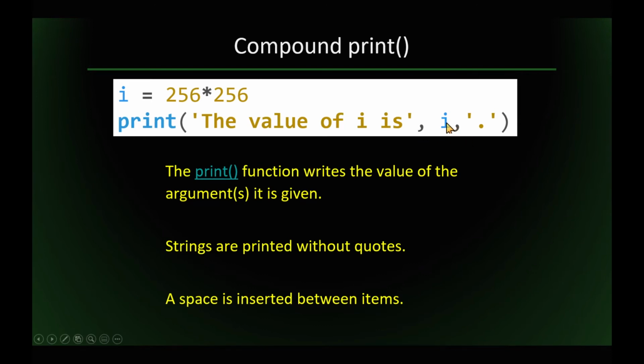This is then followed by i here, and then I'm ending up with a full stop. The strings of course are printed without the quotes, and when we're adding these elements, a space is automatically inserted between the two items, because that's how our English language works.